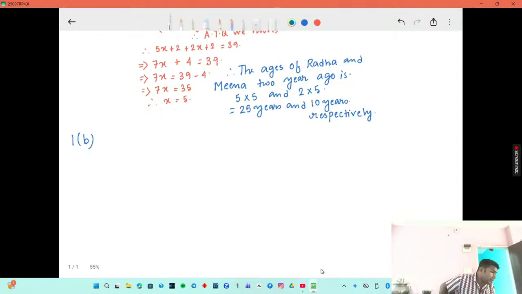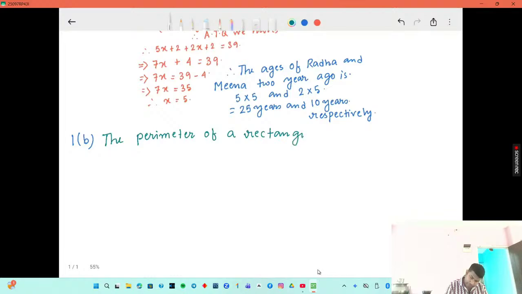The perimeter of a rectangular field is 28 meter and its area is 40 meter square.